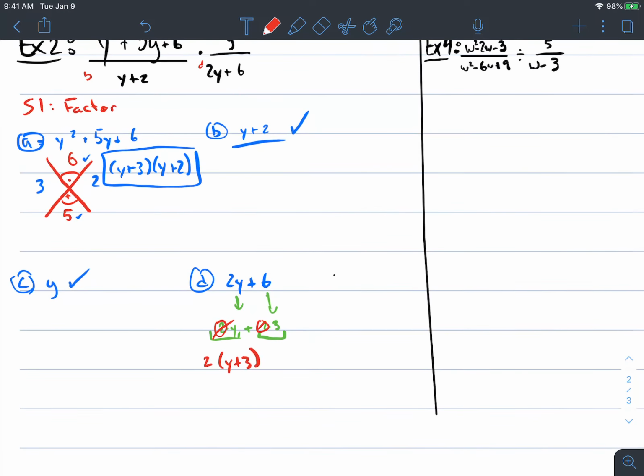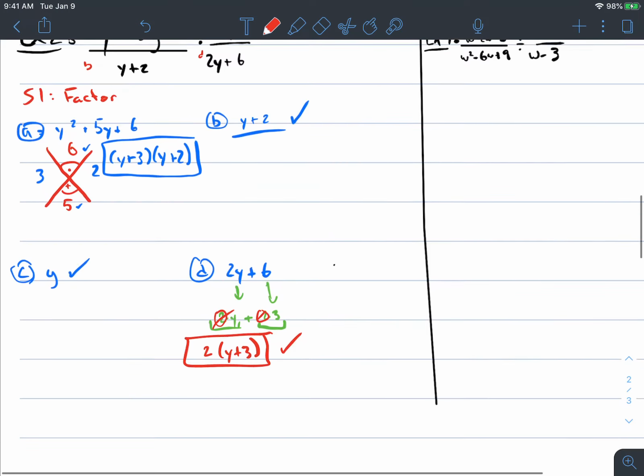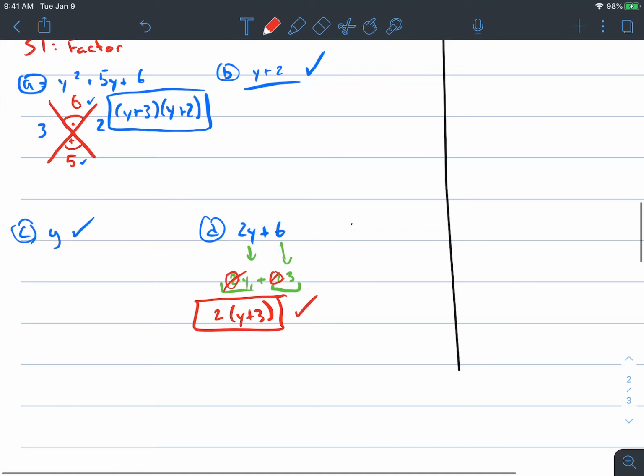All right. Now that we have this, all our things factor out, we're going to reassemble our fractions, right? And remember it was A over B times C over D, right? And so what we're going to do is rewrite it.